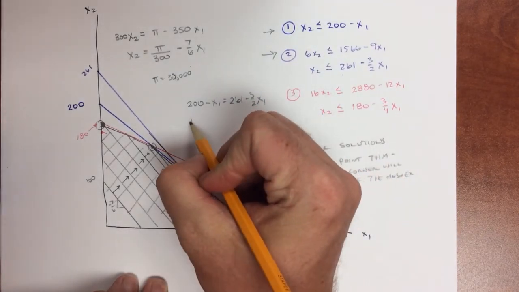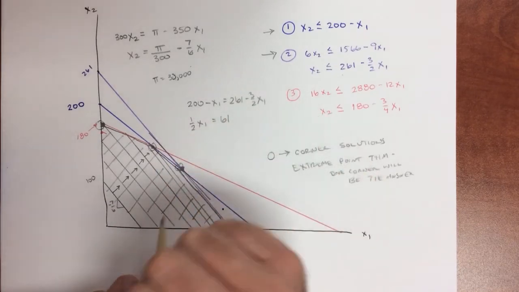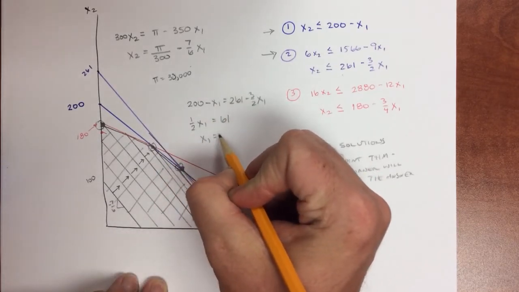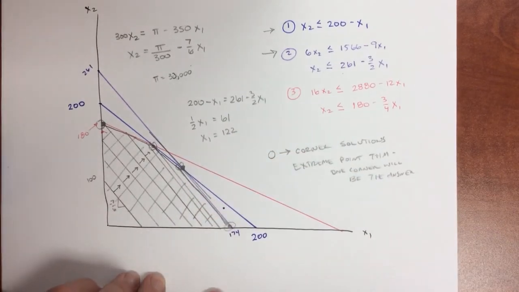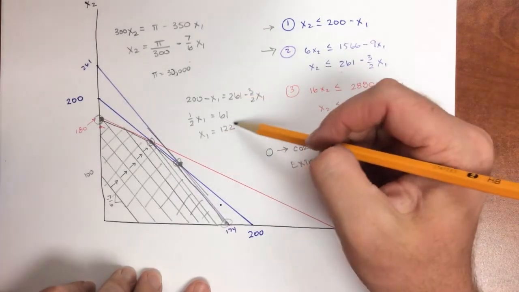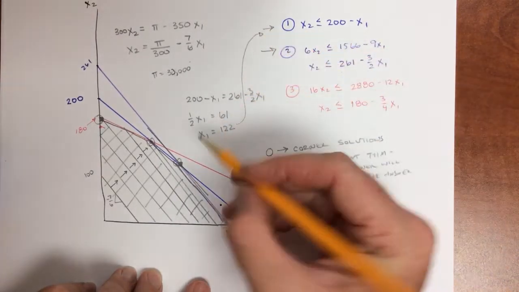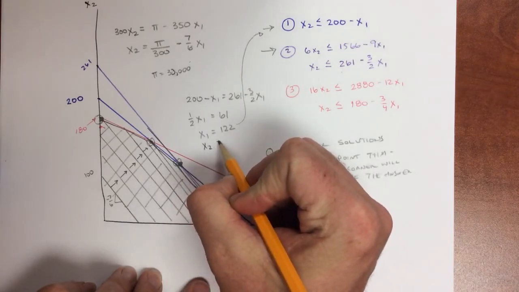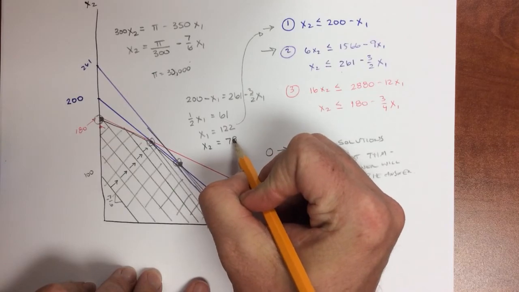Okay, so we add 3/2 x1, and we get 1/2 x1 is equal to 61. x1 is equal to 122. That's our optimal x1. Now to find our x2, we just plug this back into this equation, for example. So x2 is equal to 200 minus 122, which is 78.